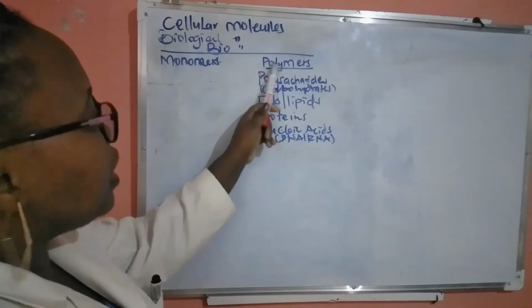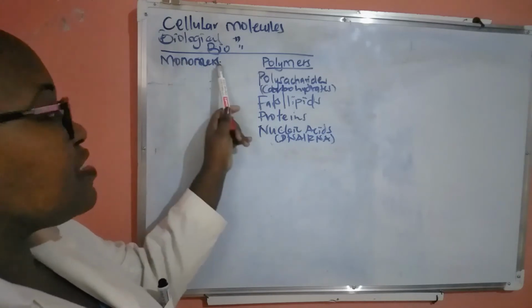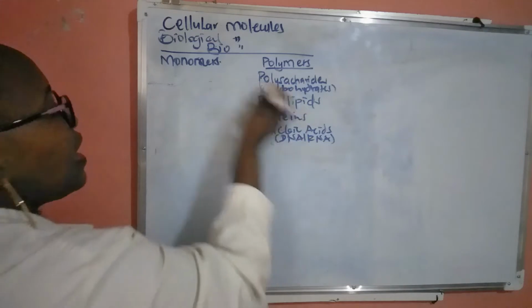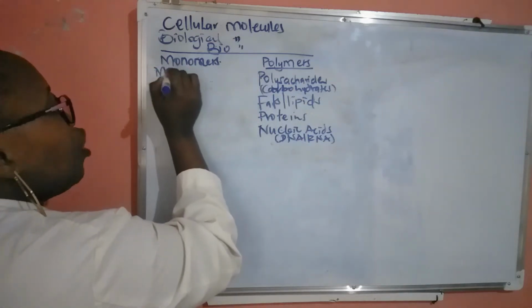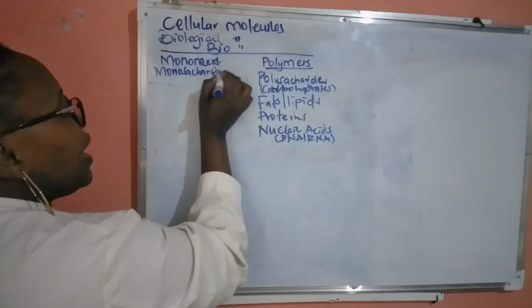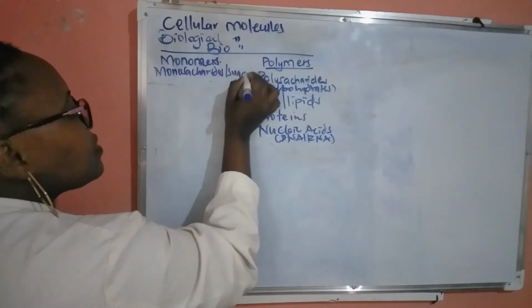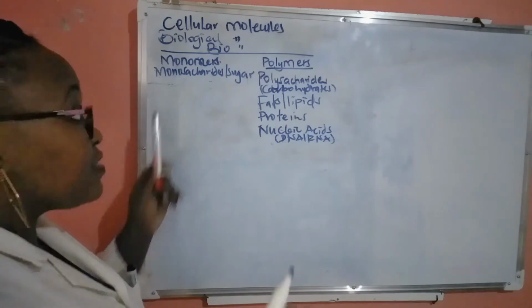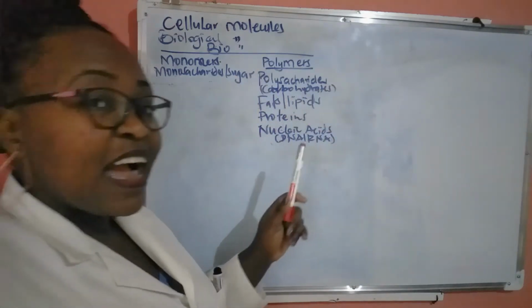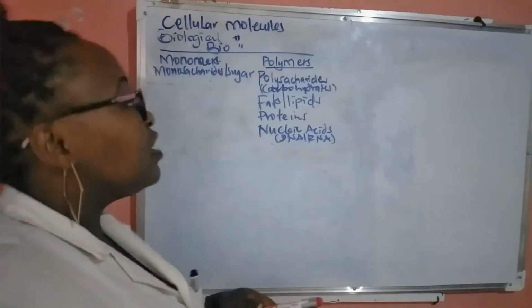So we have said they are polymers because they are made up of other smaller building blocks called monomers. Polysaccharides are made up from monosaccharides, or sugars, for example glucose. Glucose is a sugar or monosaccharide that makes up polysaccharides such as starch.